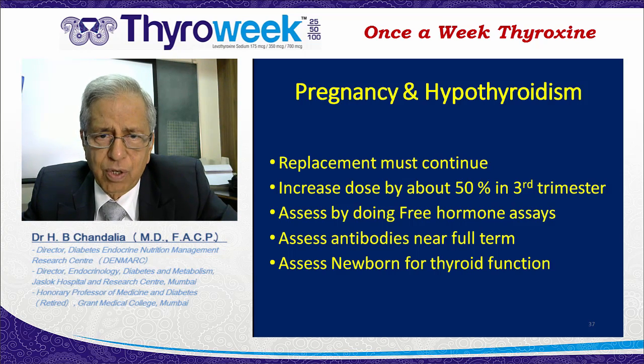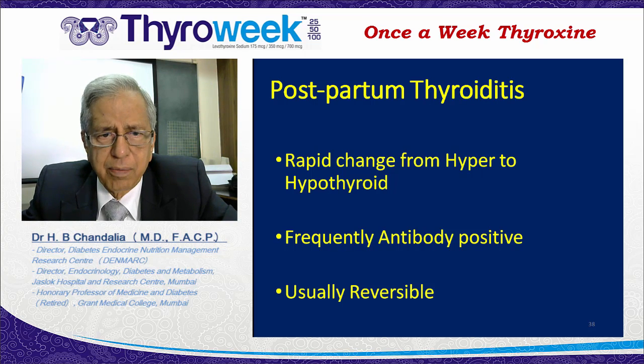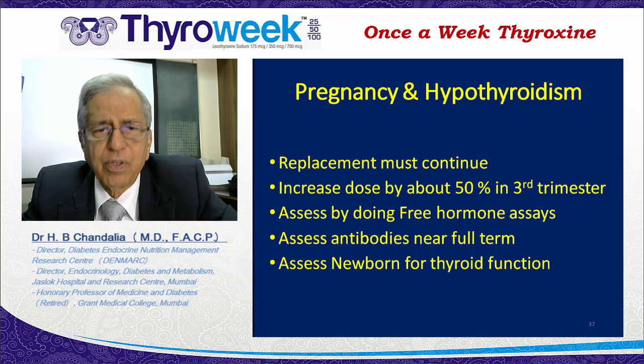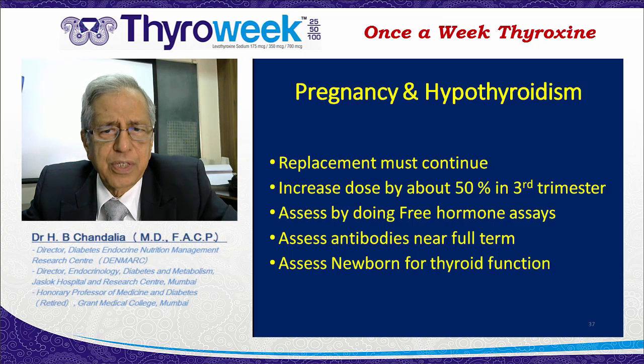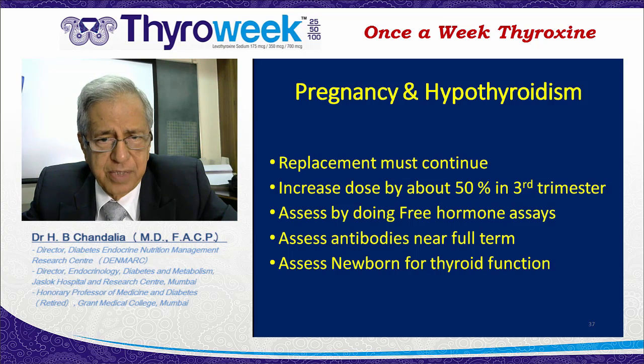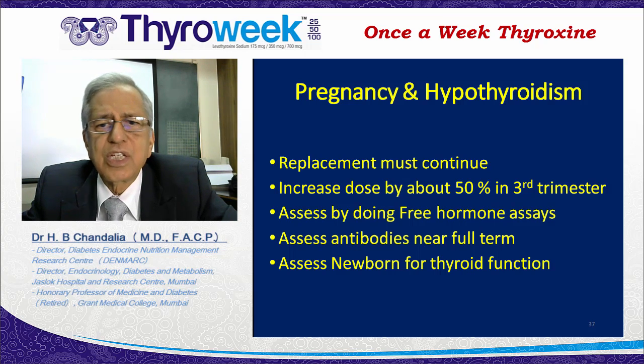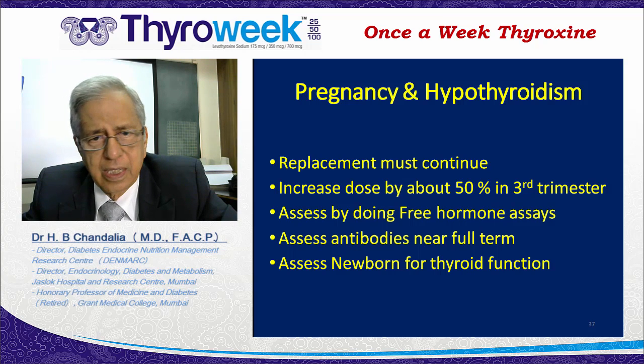And of course free hormone assays are mandatory. You cannot rely on total T3 and T4, because they change because of the placental estrogens. And of course at full term you should assess the thyroid antibodies, because these antibodies are likely to be transferred through the placenta to the fetus and may result in transient thyroid disturbances in the newborn.